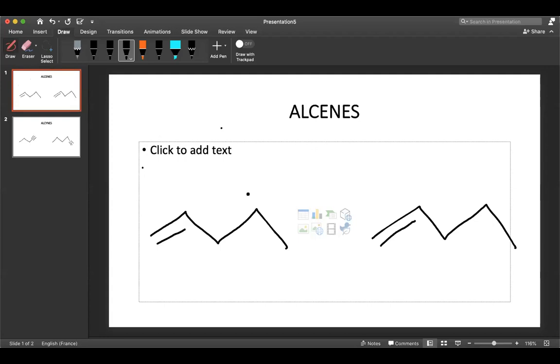When you're naming these, the guide here, please take note, is the double bond, because sp2 hybridisation is the one that results in a double bond.